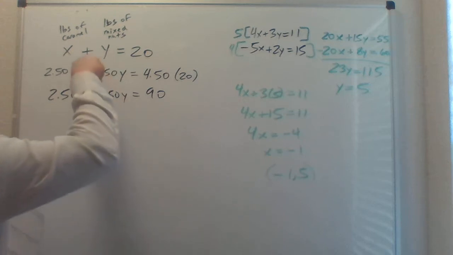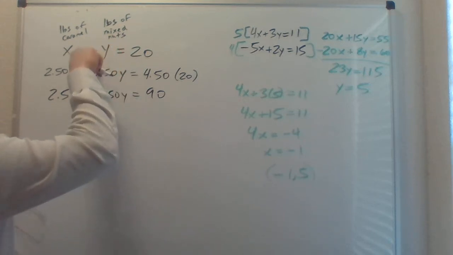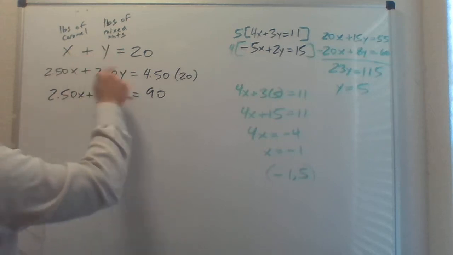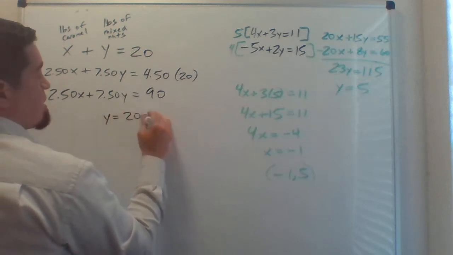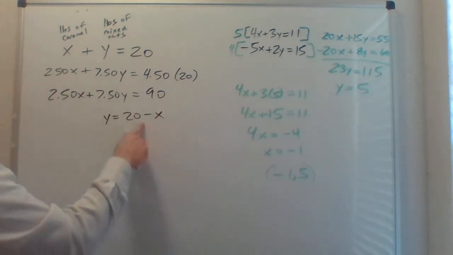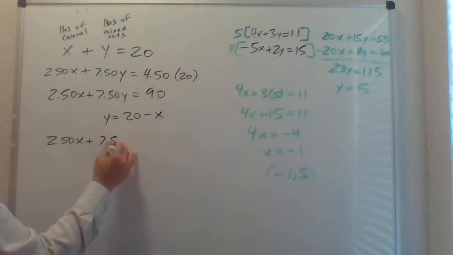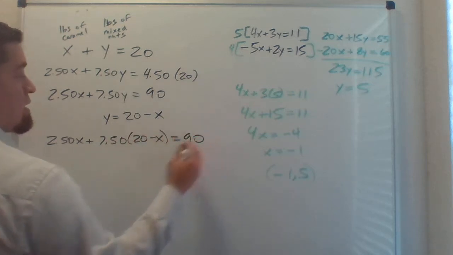And then, now that I simplified that, I'm going to use substitution. And it seems to be the easiest method here. So I'm going to subtract x. This would be y equals 20 minus x. Then I'm going to put this in for y. So we'll end up with 250x plus 750 times 20 minus x equals 90.